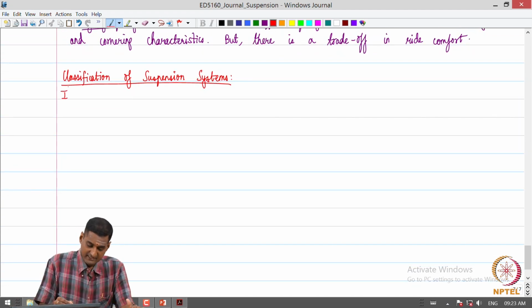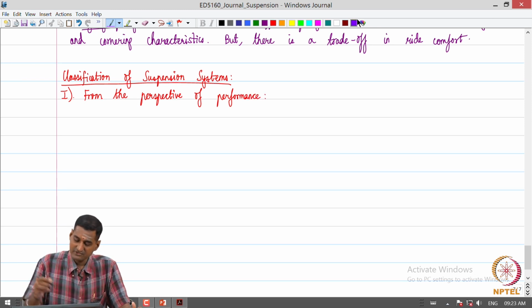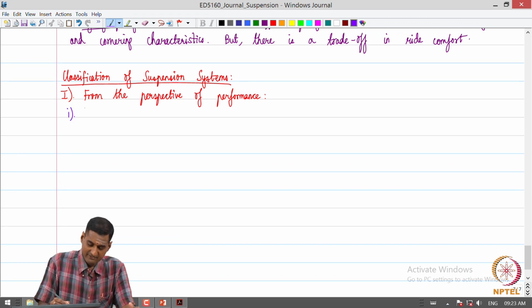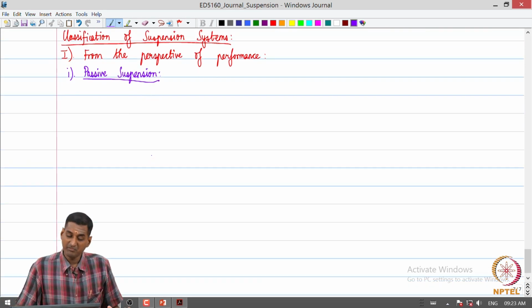The first classification is from the perspective of, broadly, performance, and how adaptable it is. From the perspective of performance, we can classify a suspension into the following groups. By and large, most suspensions which are used in road vehicles are what are called passive suspensions.